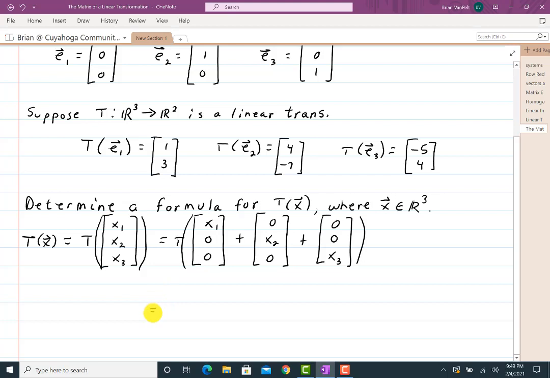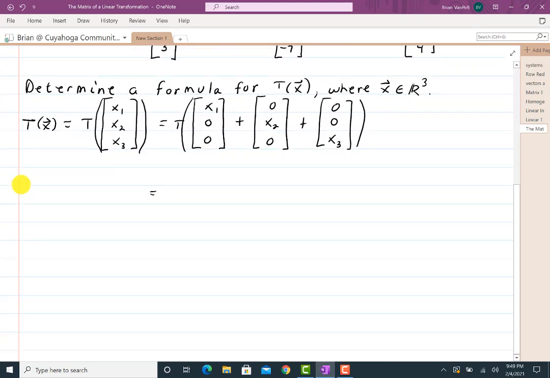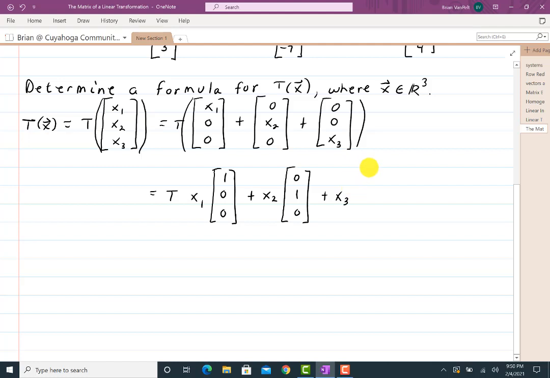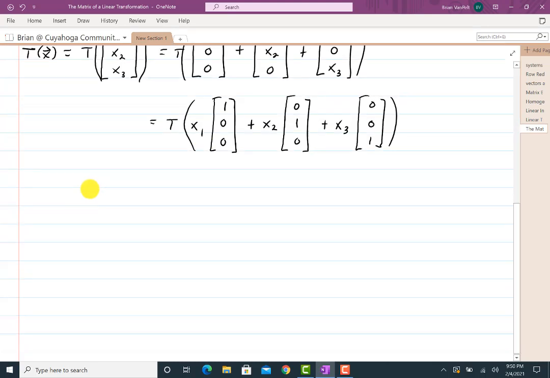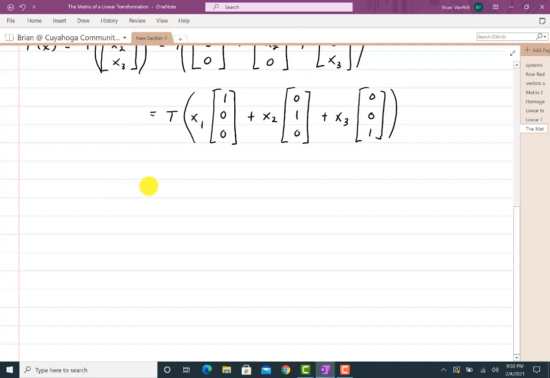Next thing I'm going to do is factor out those x's. So you see how I took a general x and I was able to write it as a linear combination of those basis vectors. And since T is a linear transformation, I can break this up into the following.